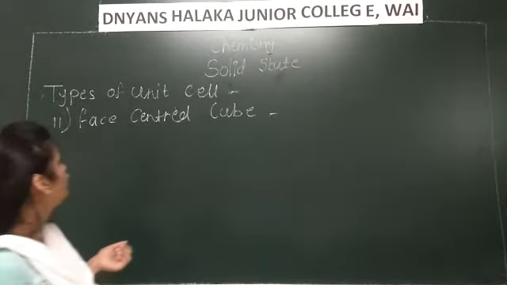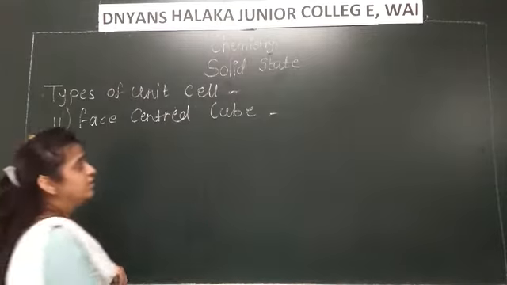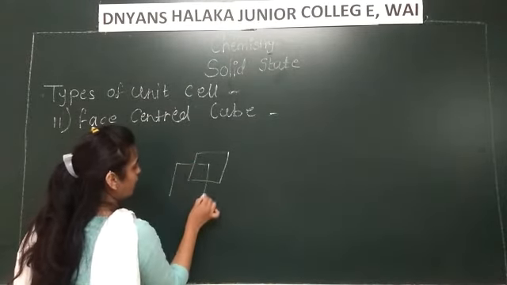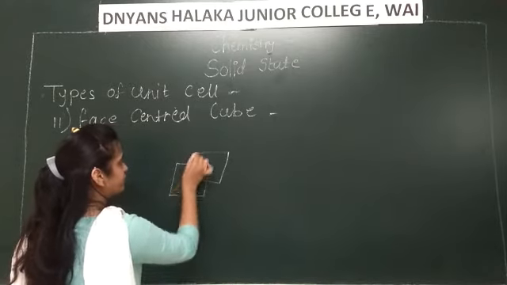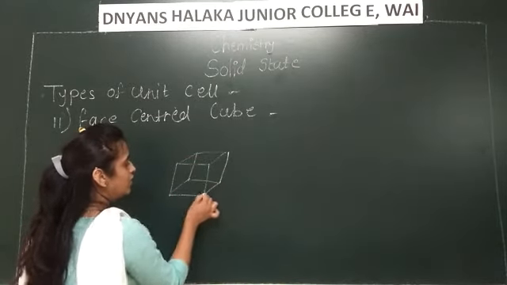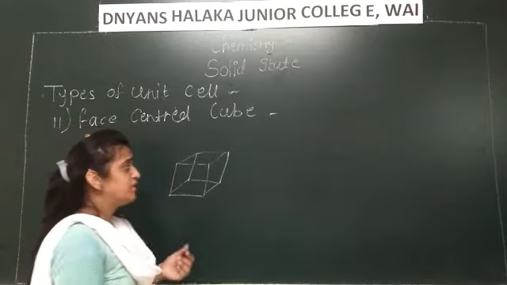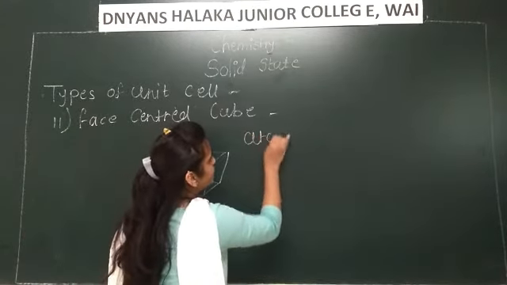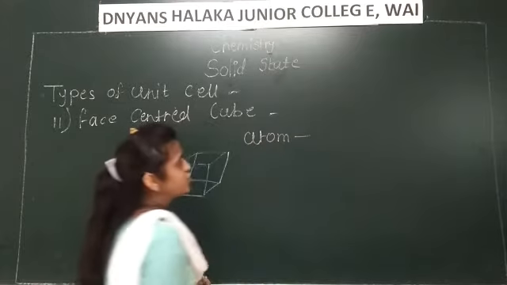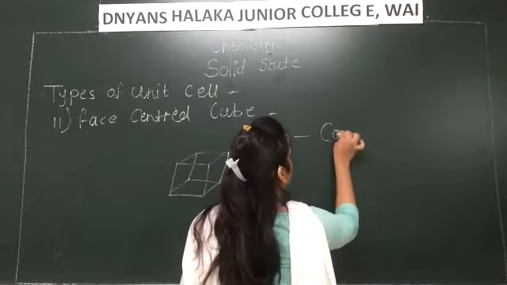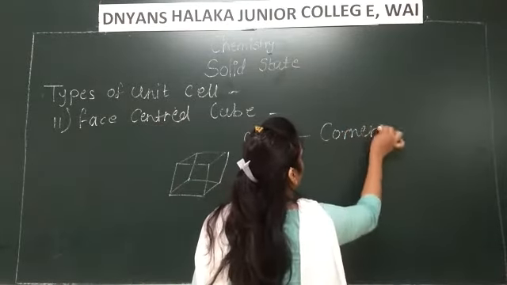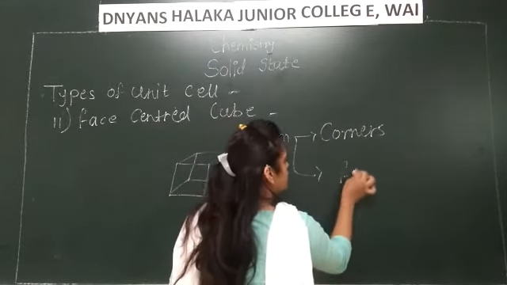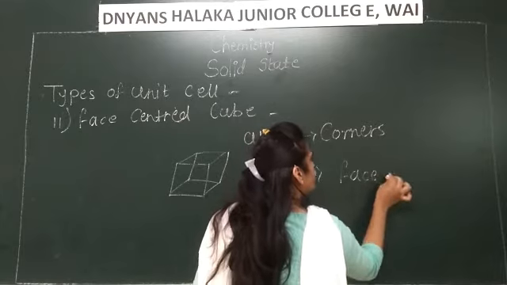Next, the second type of unit cell, face centered unit cell. We consider as an example a cube. So the cube has atoms situated at corners and atoms situated at the faces of the cube.